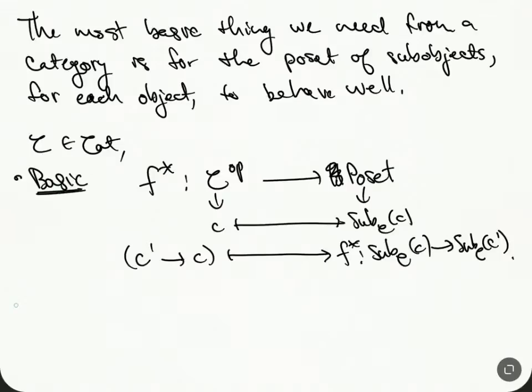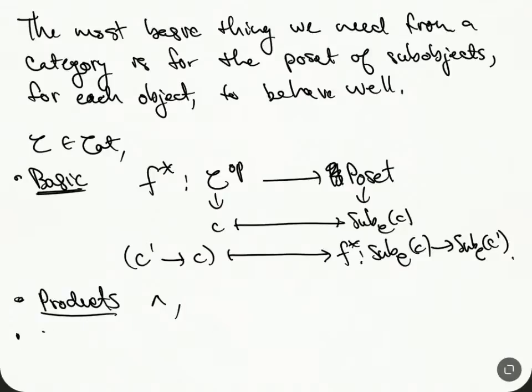If we want more, we can ask for it to have products. When we ask for products, we're going to get this AND operation.